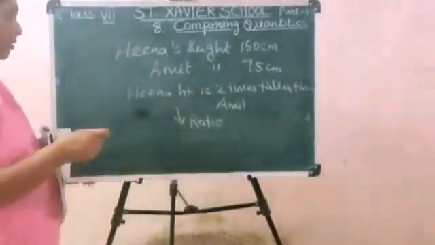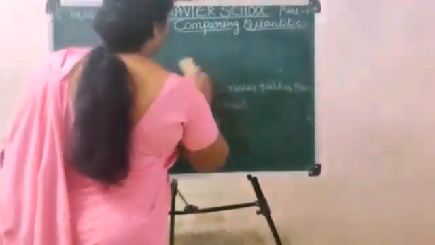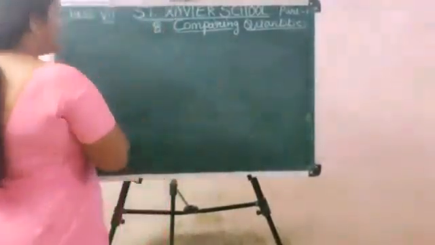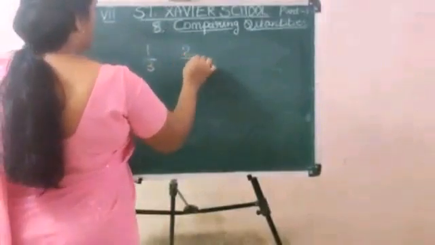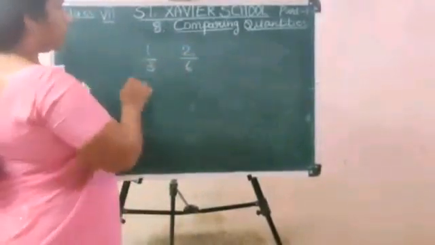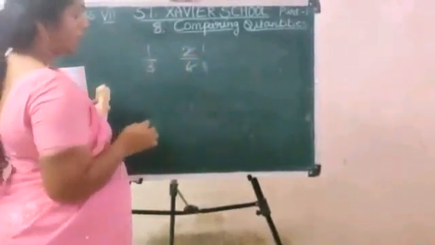Now we will go for equivalent ratios. What is an equivalent ratio? That is 1 by 3 and 2 by 6. When you simplify 2 by 6, it is 1 by 3. So both are of the same ratio.